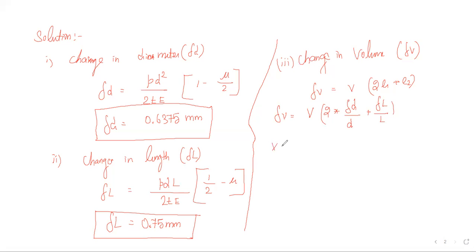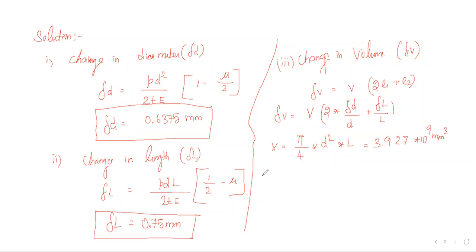Now volume V is equal to pi by 4 into D squared into L. If I substitute in this, pi by 4 into 1000 squared multiplied with L 5000, it becomes 3.927 into 10 to the power 9 mm cube.